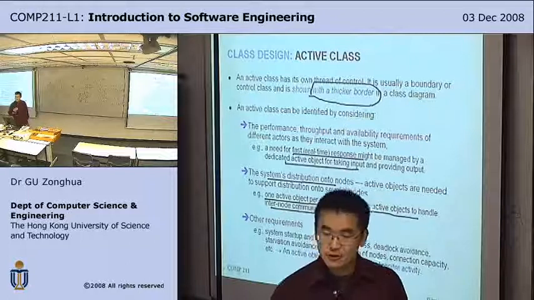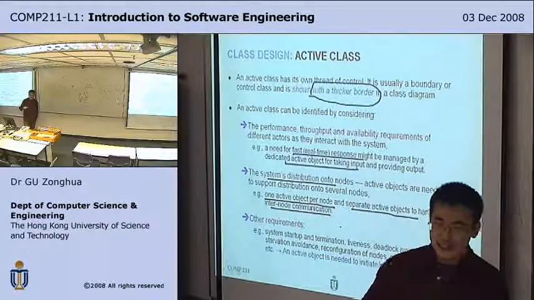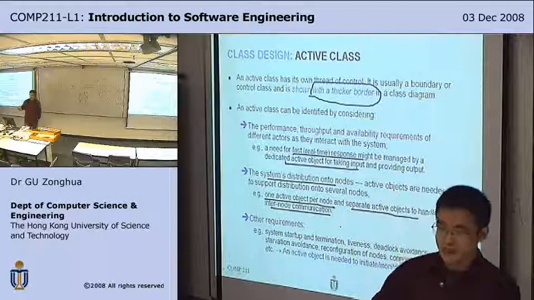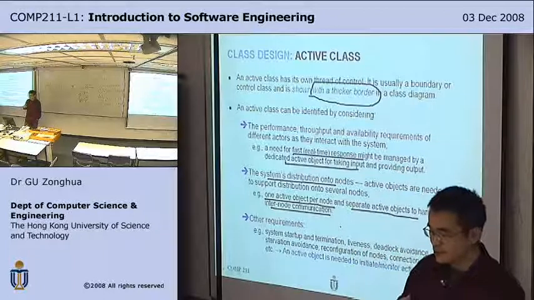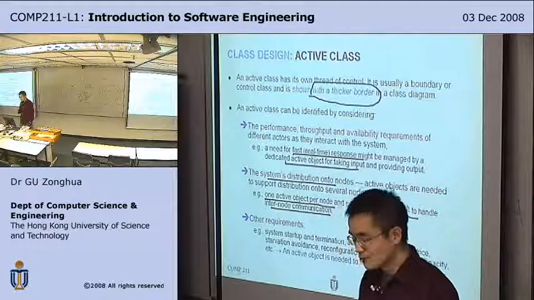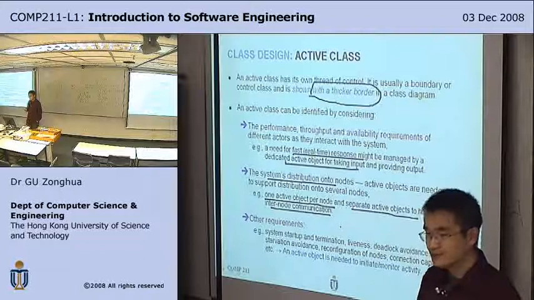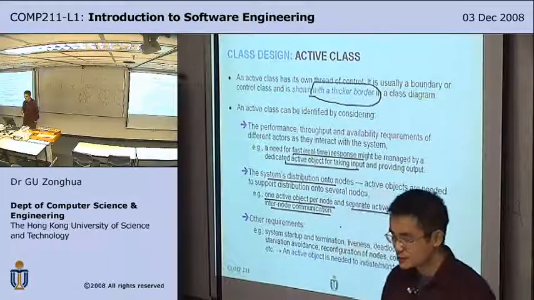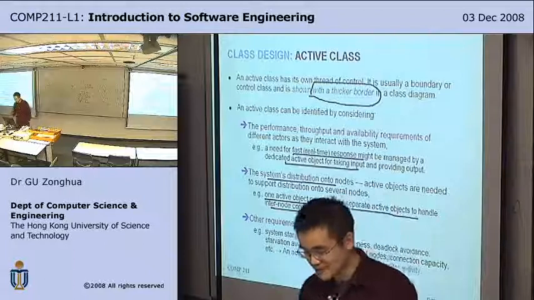Remember, if you have a single thread of control, then it's sequential, right? But one thing must wait for the another to finish. But if you have multiple threads of control with multiple active objects, then they can be concurrent, they can be interleaved, so response performance is improved.